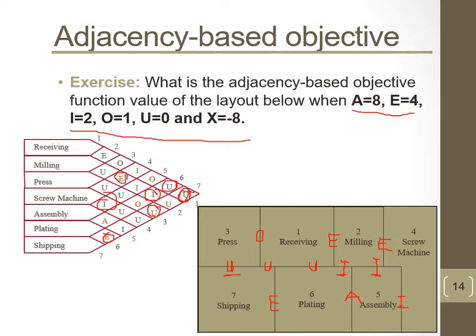So here, this is U, and U, according to the numerical values, is 0. Okay, so this is ordinary important, and ordinary important has a value of 1. This U is also 0. This E here is 4. This E here is also 4. This important here is 2, and this is also 2. This A here is 8, and this I here is 2.